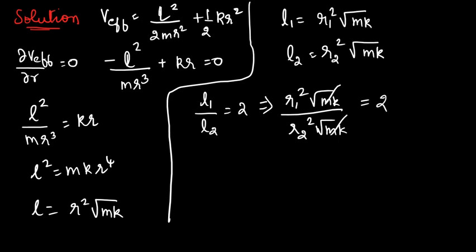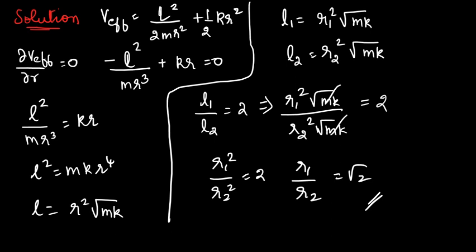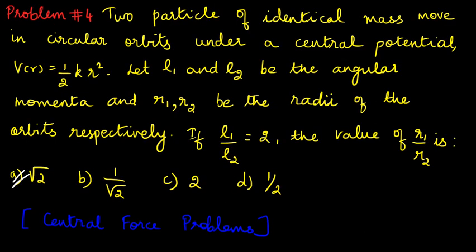On doing that, I get R1 square by R2 square to be 2, and R1 by R2 will be root 2. We have been asked the ratio of R1 and R2, and that is root 2, which is option A. So this is an easy 3.5 marks gaining question.